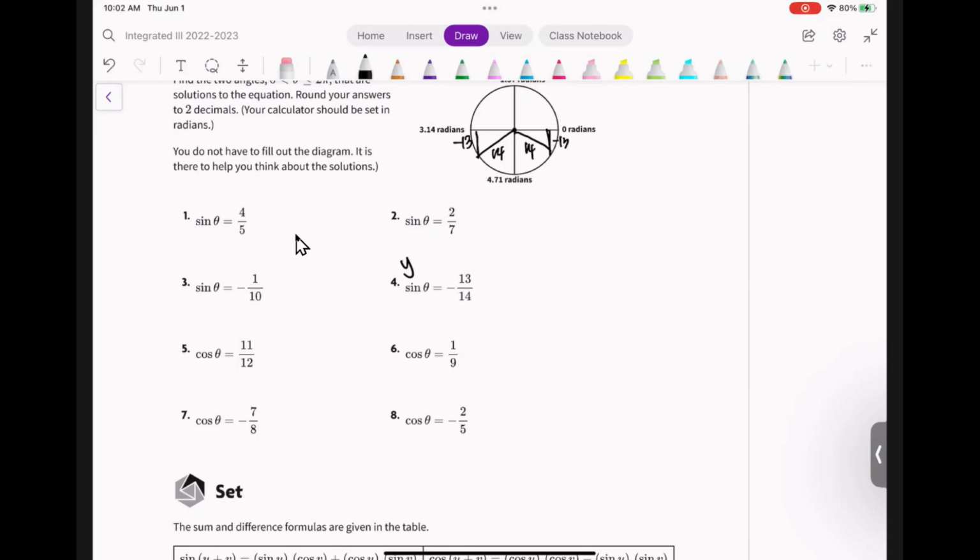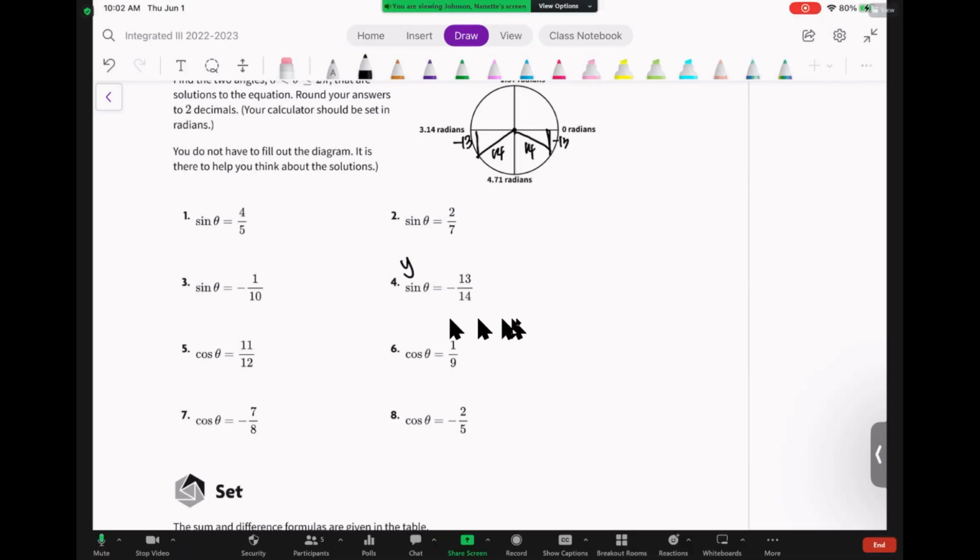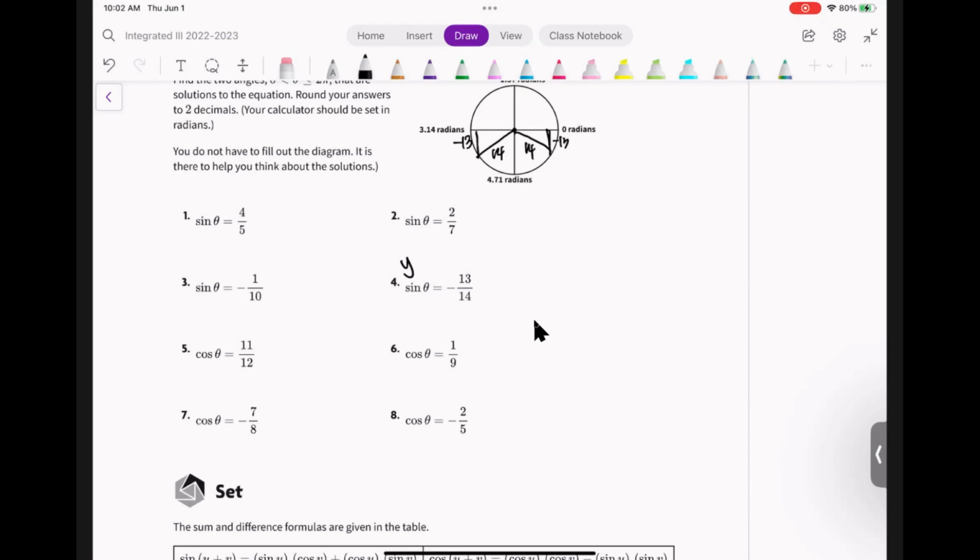So the first thing I'm going to do is figure out how to get theta out of sine. How do I undo that sine? Very good, it's going to be using sine inverse, and I'm going to do that to both sides. I'm going to write this out properly, leaving some space because I like to show you how to write this properly.